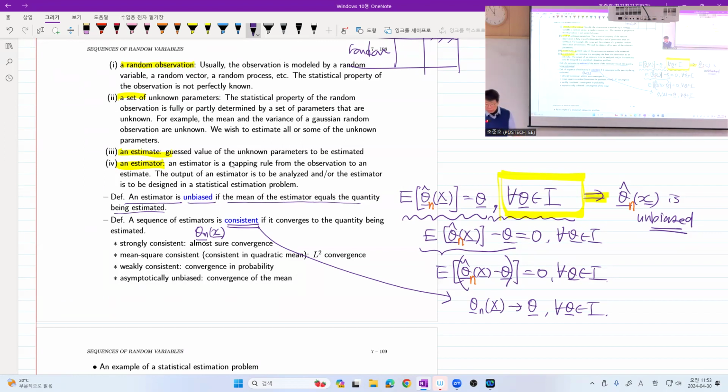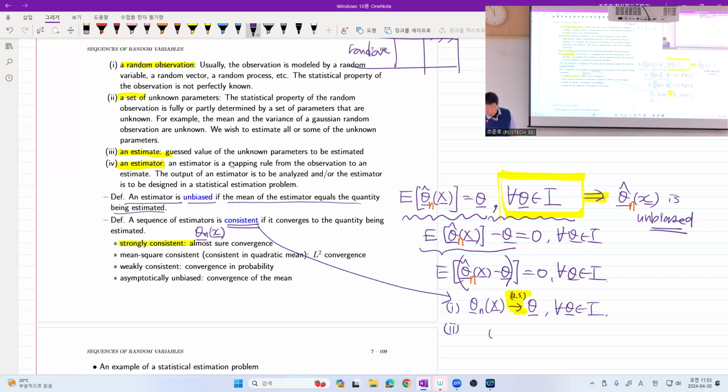For example, if this convergence is in the almost sure sense, or equivalently with probability 1, then we say that the sequence of estimators is consistent in the almost sure sense. In other words, strongly consistent, like the strong law of large numbers. So strong consistency talks about almost sure convergence. The second one is mean square convergence.